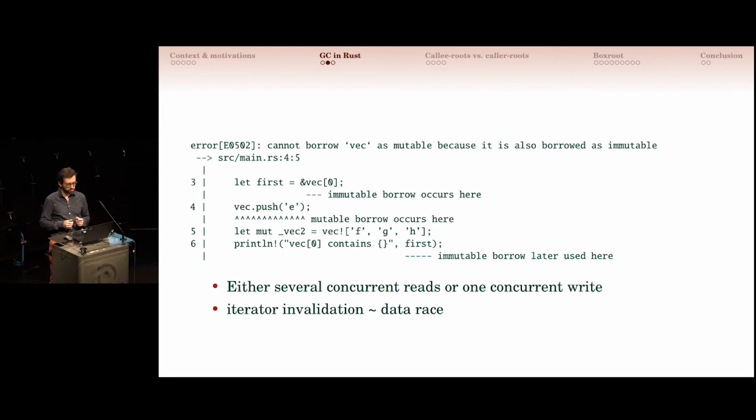We want to have either a write or several reads, but you cannot mix the two. So the insight of Rust for fixing iterator invalidation, it is a situation a bit similar to data races, and Rust fixes the issues in the same way.